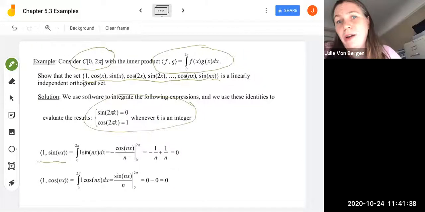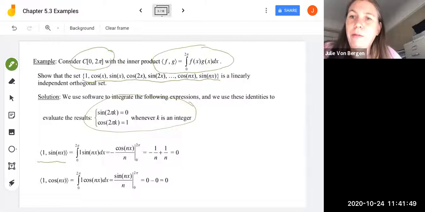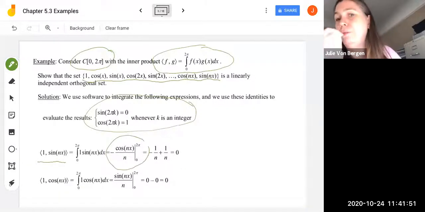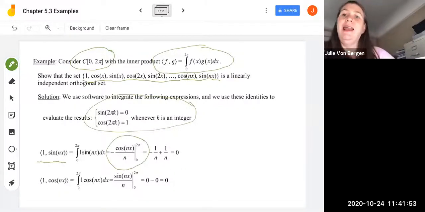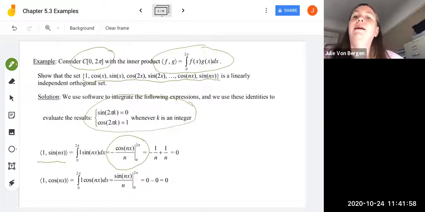So the inner product of 1 and sine of nx is going to be the integral from 0 to 2 pi of 1 multiplied by sine nx. From software or our tables at the back of the calculus book, we know the integral of sine nx is negative cosine nx divided by n. You could also do a u substitution here and get the same result.